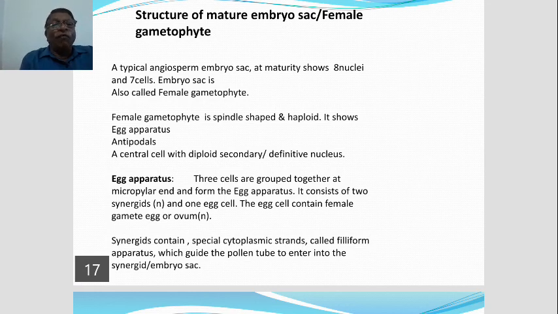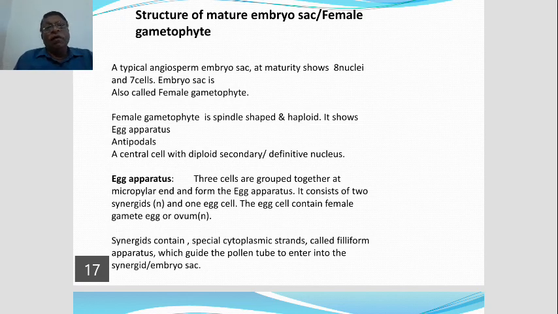It consists of 2 synergids on either side of the central egg cell. The egg cell contains the female gamete, the egg or the ovum, which is always haploid.